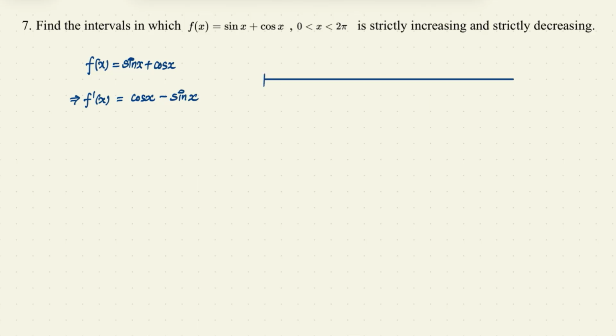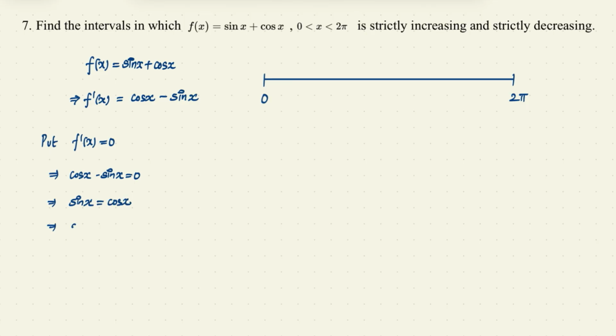where my interval is from 0 to 2 pi. So in order to find the critical points between this interval, let us put f dash of x equals to 0. On doing so, I'll get cos x minus sin x equals 0, and this will imply sin x equals cos x.